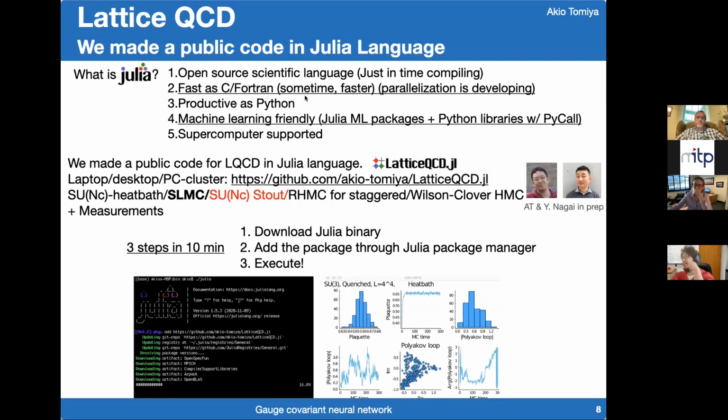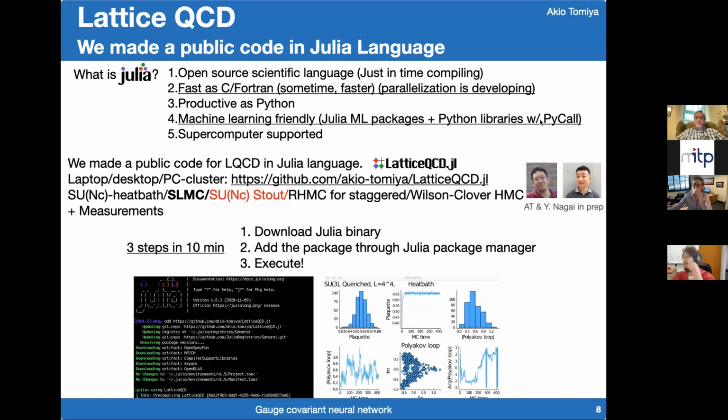And I want to emphasize this one, that Julia is a machine learning friendly language. Julia has its own machine learning packages, and also it can call Python libraries through the PyCall function. And also most supercomputers support Julia.